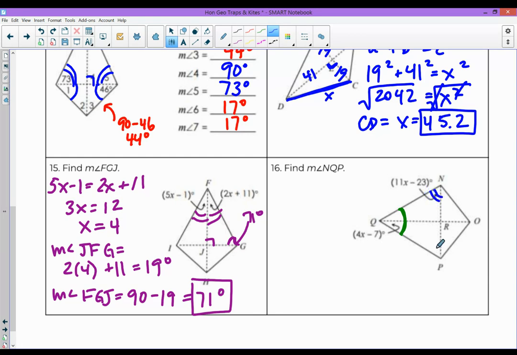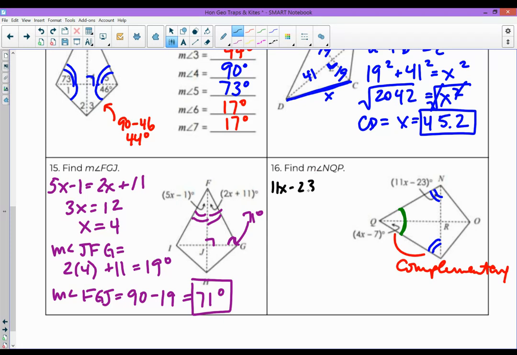This can go into this. And then those two have to be complementary. So why don't I add those two expressions together, set them equal to 90, and solve for x.